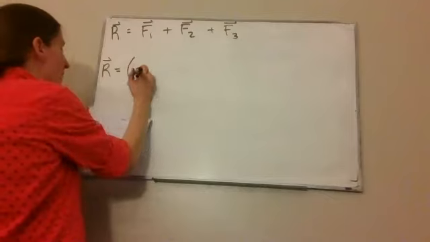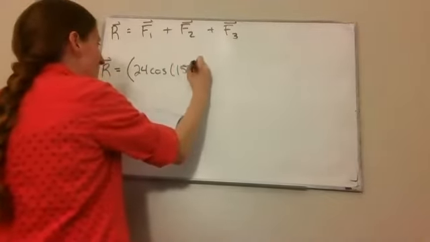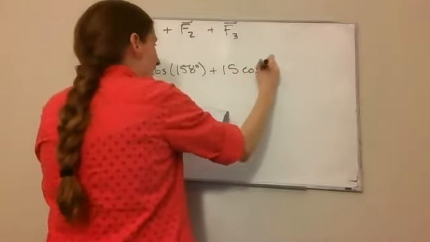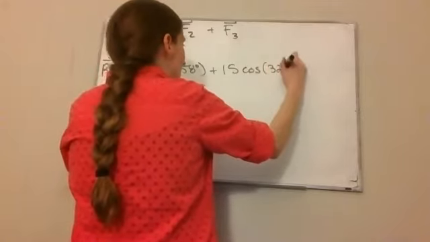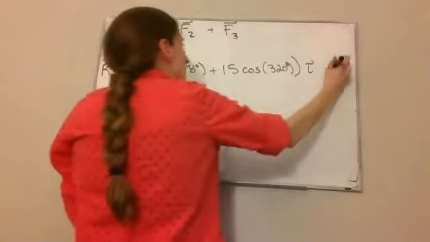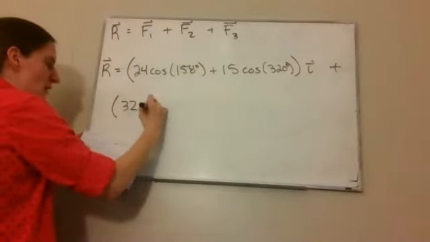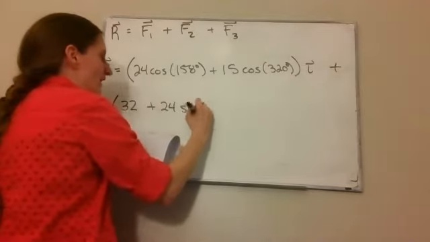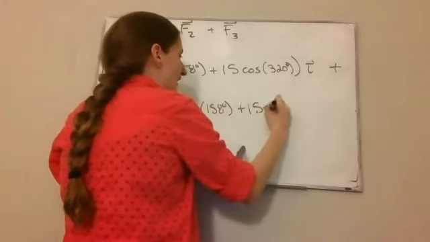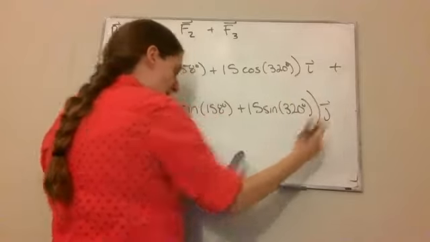Everything multiplied by i was 24 cosine of 158 degrees plus 15 cosine of 320 degrees. That's all multiplied by i, plus everything that's multiplied by j: 32, 24 sine of 158 degrees, and 15 sine of 320 degrees. All of that times j.